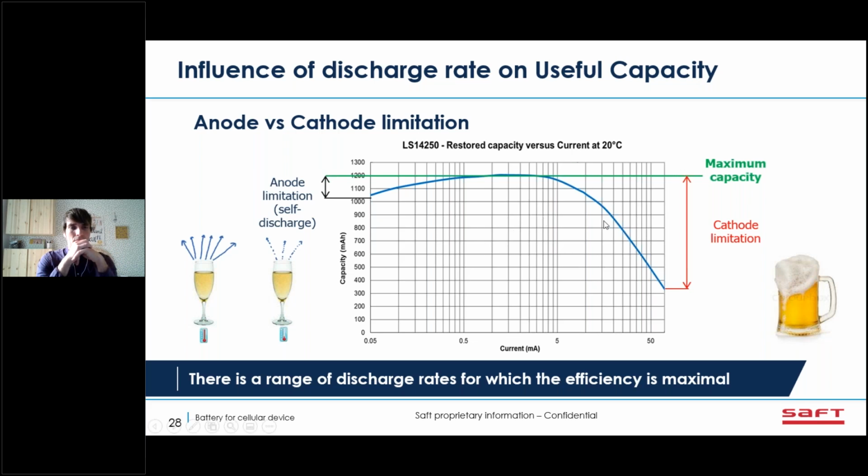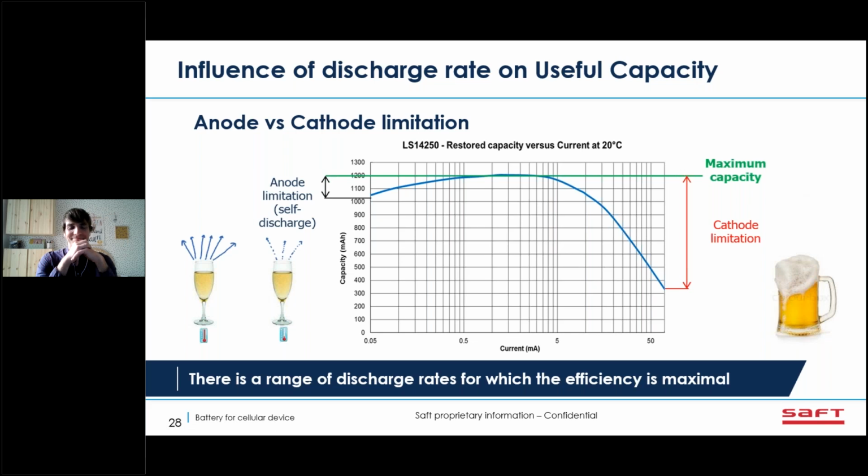On the opposite side, you have what we call the cathode limitation, which gives more of an idea of how powerful the cell is or not. This phenomenon is closer to the foam of a glass of beer when you try to fill it so quickly, then you have more foam than beer.